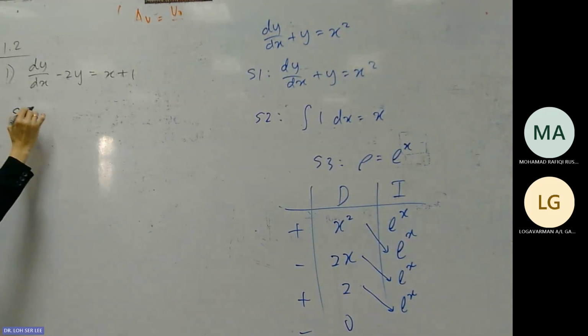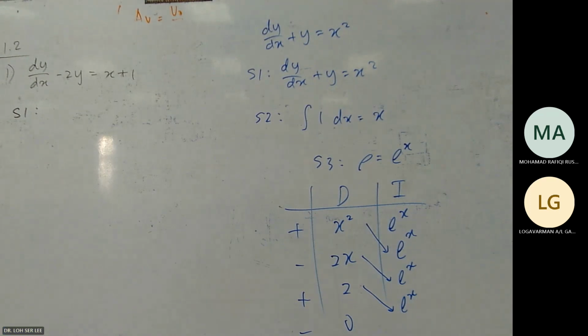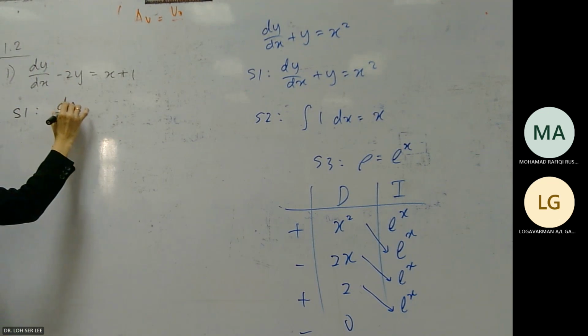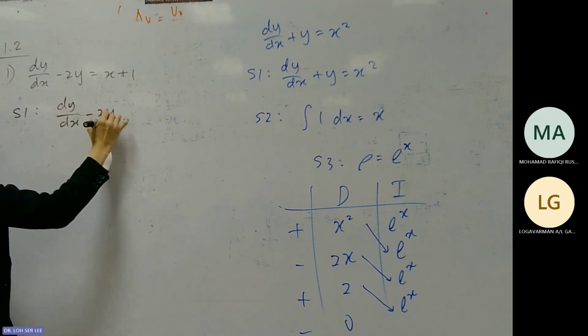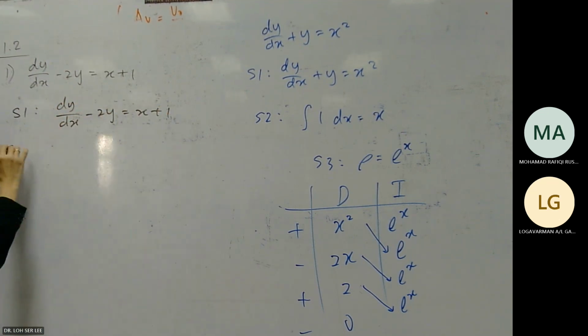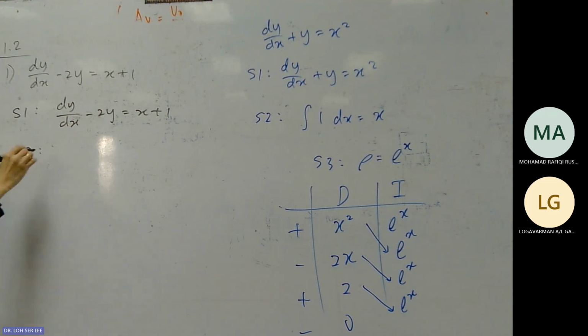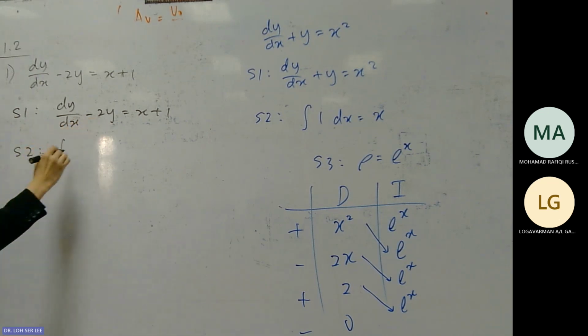So step 1, look at this. This is what we want. So this is our step 1 differential equation. Step 2, we want to integrate. What is the coefficient function of the dependent variable? -2.